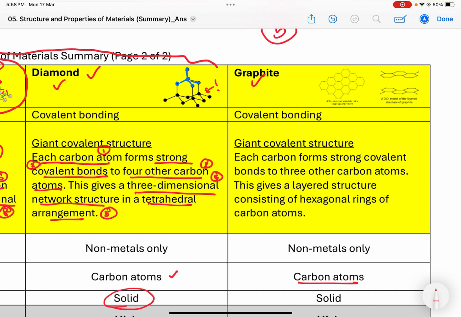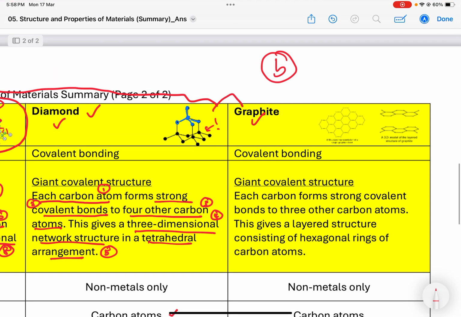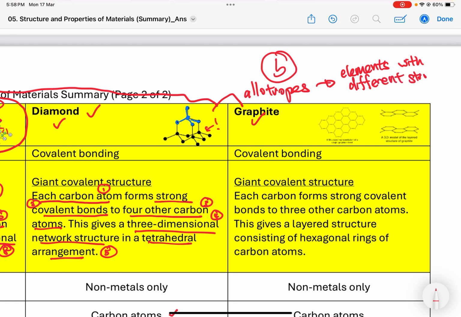So diamond and graphite, there's actually a term given to both of them. They are known as allotropes. What exactly are allotropes? They are elements with different structures. So both of them are carbon, but they behave differently because of the different structure.